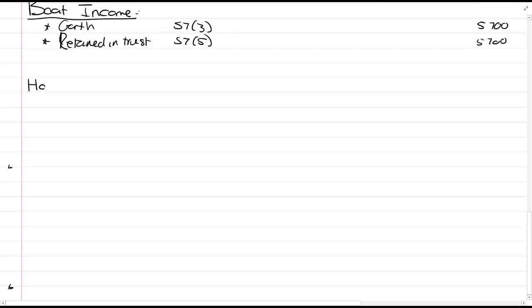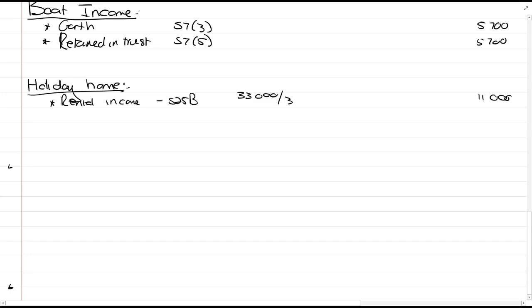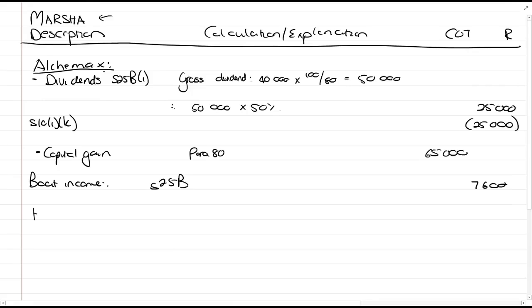So let's start with Alicia. This is the holiday home rental income. Section 25B is why she's getting taxed. 33,000 divided by 3, so she gets her share of that, which is 11,000. Then we go to Marcia.